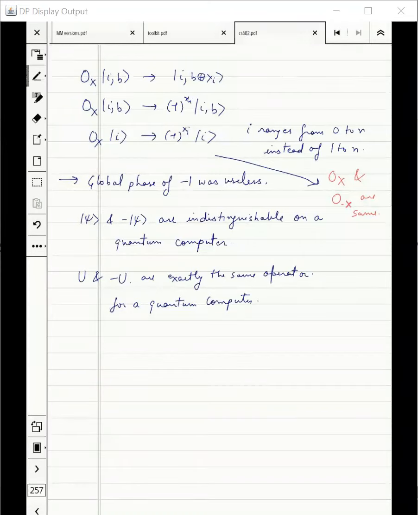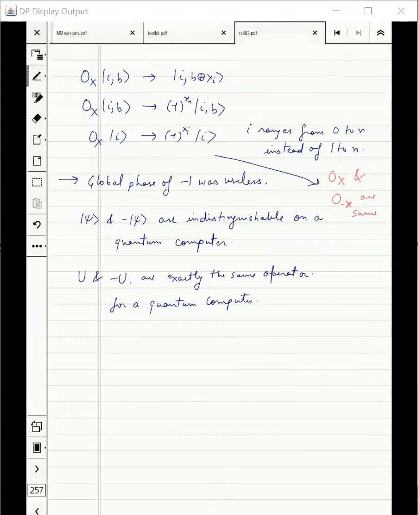And then that should apply: U and minus U are also exactly the same operator, because that will only give you a global phase wherever a unitary is there. And that minus can always be ignored. Good.